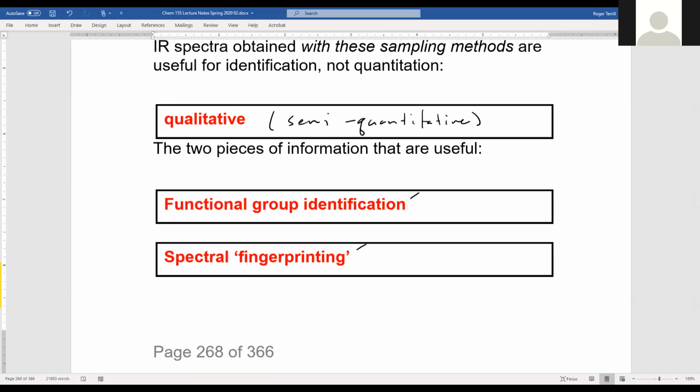Or you can just fingerprint, using the near infrared or the mid infrared region, and say, okay, molecule A looks like this, molecule B looks like this, molecule C looks like this. Mine looks like molecule B, and so you can get an identity without actually going into what specific functional groups make up the molecule, right?